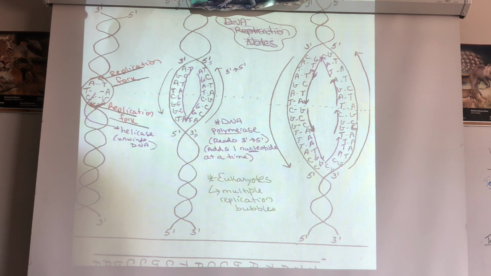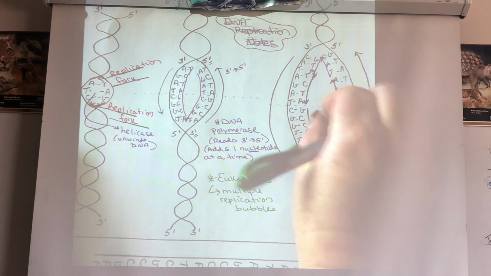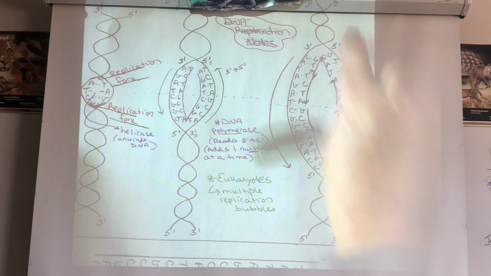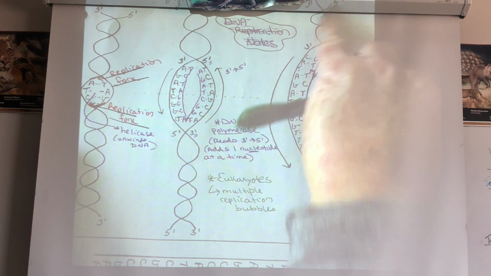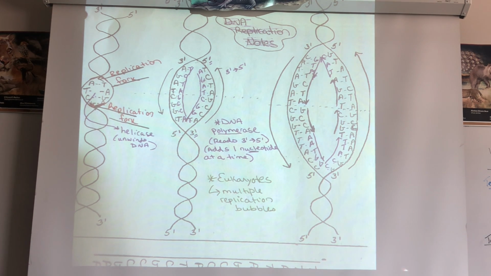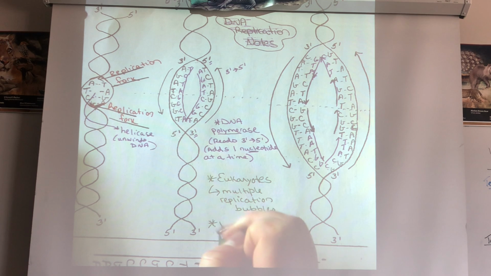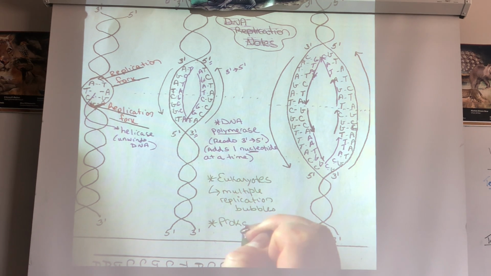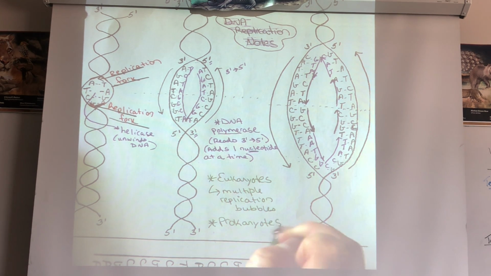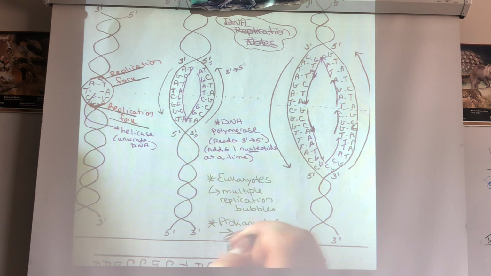Like with us, we've got 6 billion base pairs that have to be replicated. So if you just had one bubble per chromosome, basically, which is what this represents, is like a single chromosome, it just would take way too long to replicate those chromosomes. Prokaryotes, however, they have a couple million base pairs, and so they can get away with just one replication bubble.